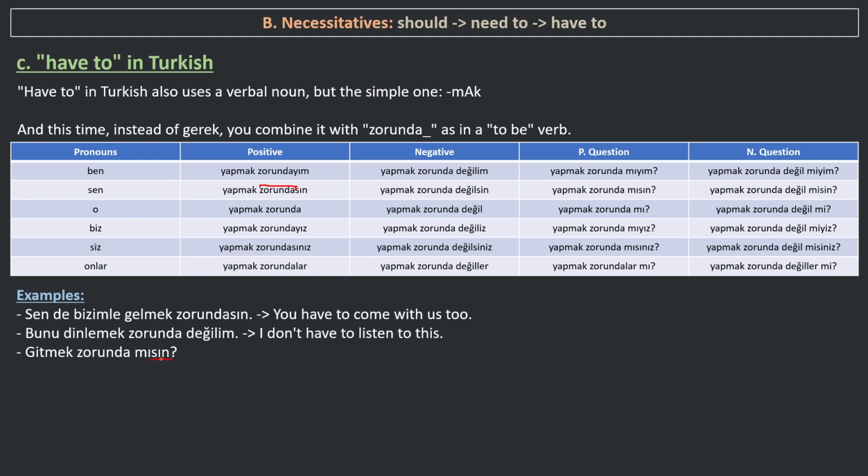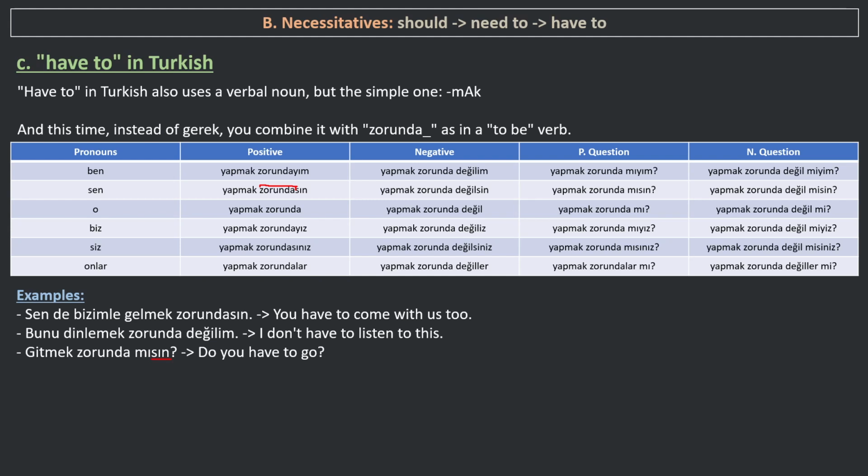And sın is the ending for sen. So, you. Do you have to? Do you have to do what? Gitmek. Gitmek means to go. So, do you have to go? Yes, correct. Do you have to go? Okay? This is how it works.